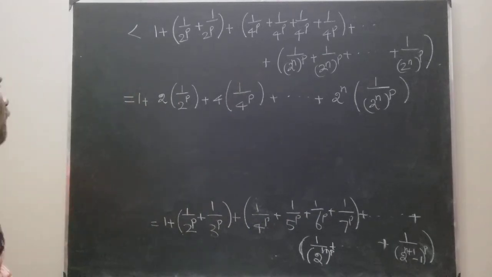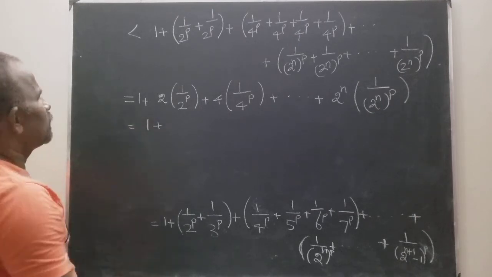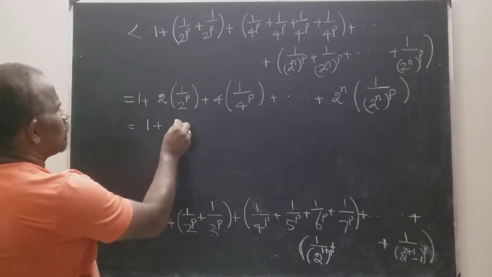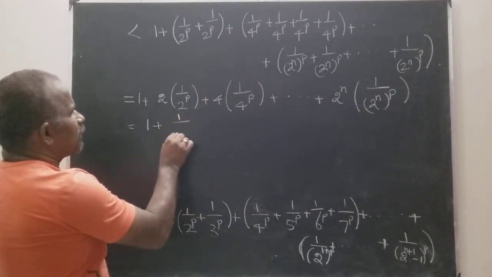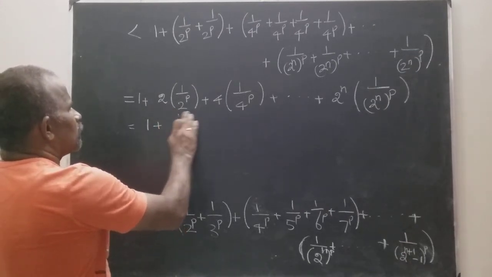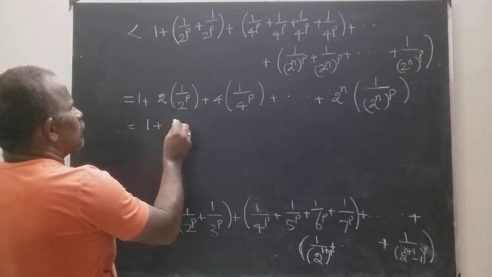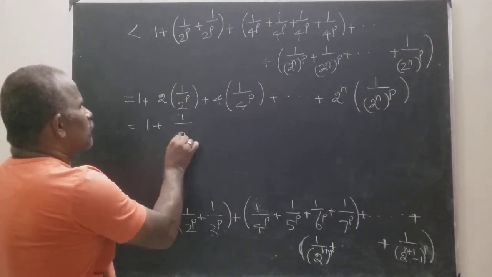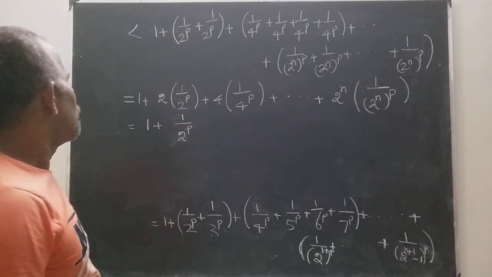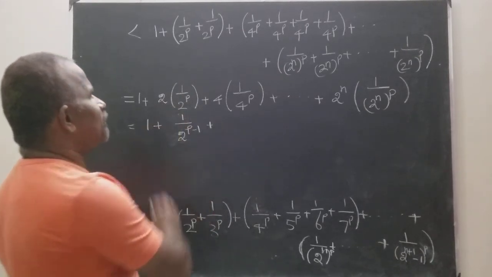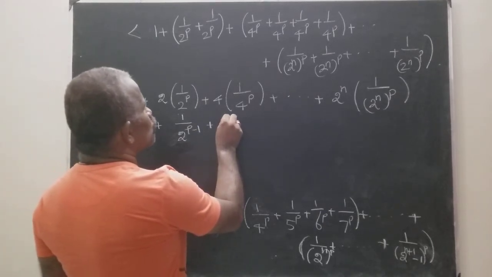Again this is equal to 1 plus 1 divided by 2 power p minus 1, plus here is 2 square.